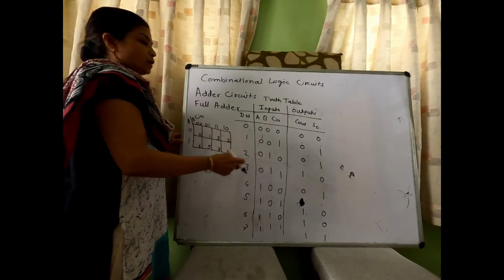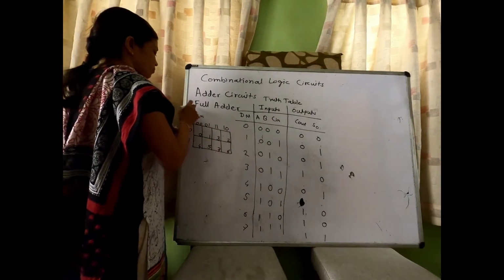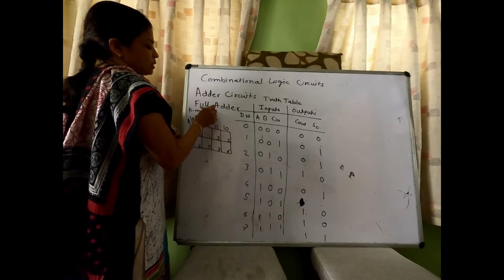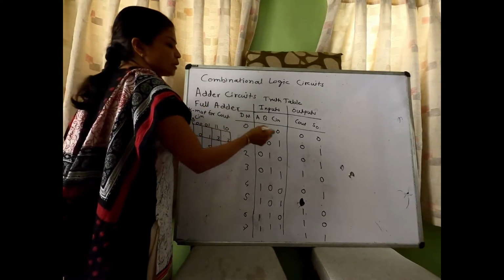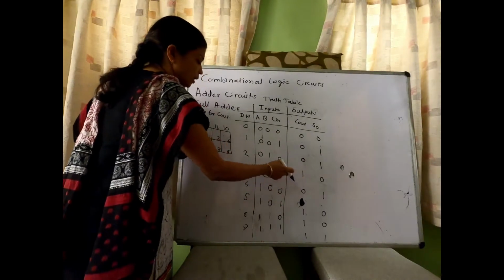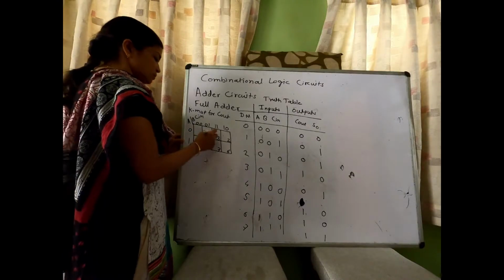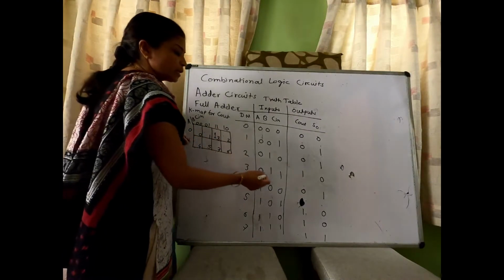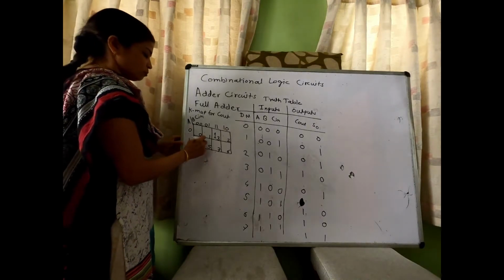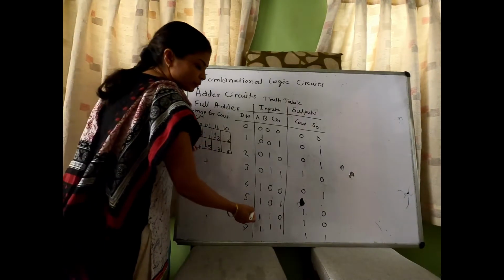Now observe for the C out. Here this is the K map for C out. So here we will observe this column. Here it is 1 for 011, that is 3, so we will write 1 there. Here for 101 it is 1, so we will write 1 there.